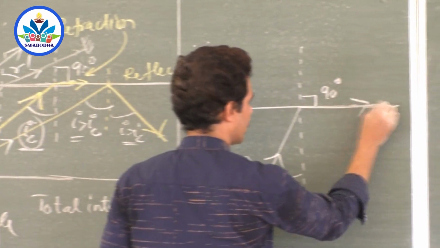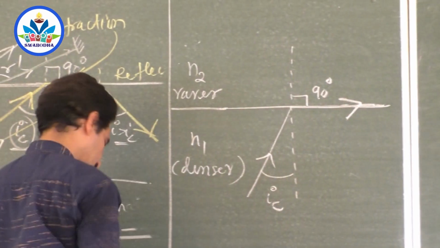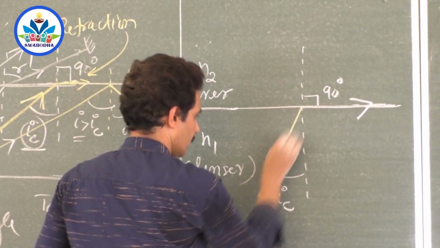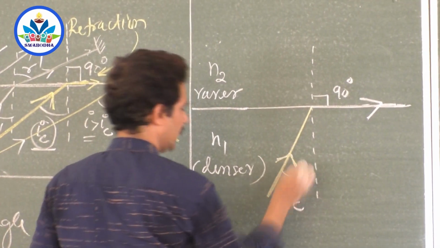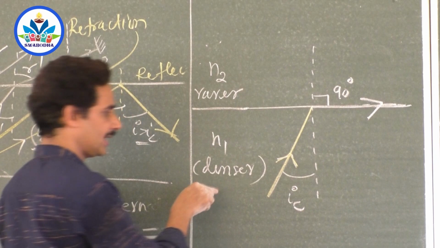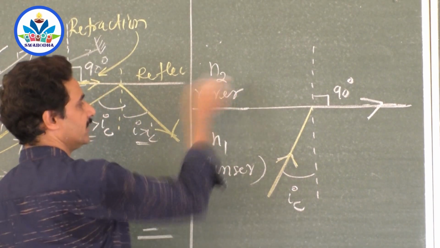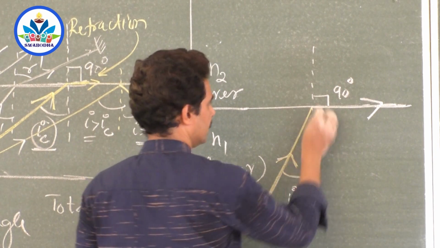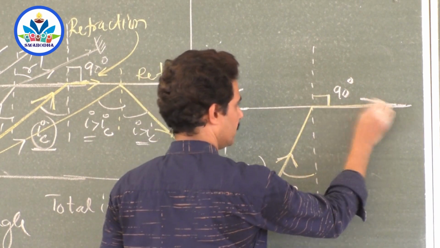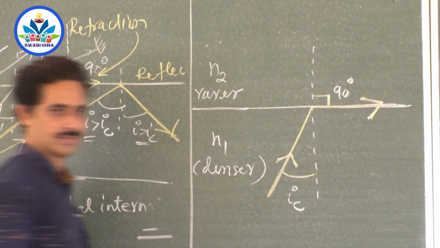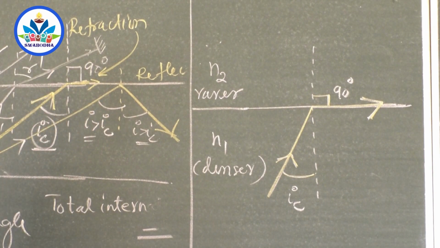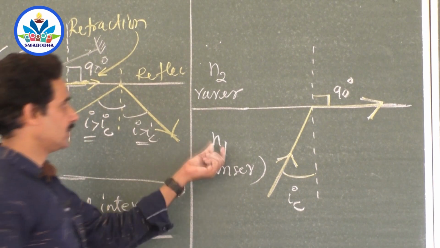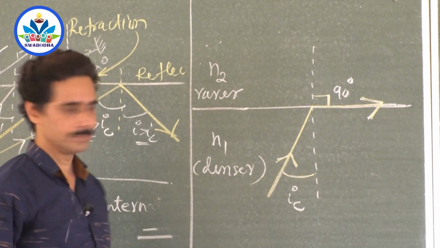You have to show an arrow mark here because you have to say that the ray of light is moving away like this. So consider two media, N1 and N2. A ray of light is incident through the denser medium N1 and is moving towards the rarer medium N2. But since the angle is the critical angle, the ray of light undergoes refraction and moves almost parallel to the surface. I want the relation between this angle and the critical angle, correct?